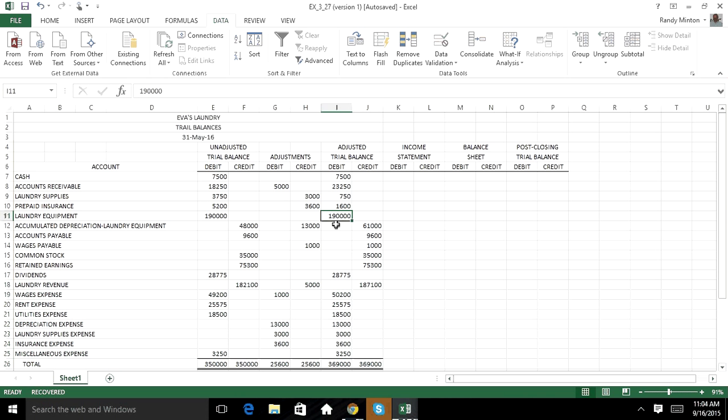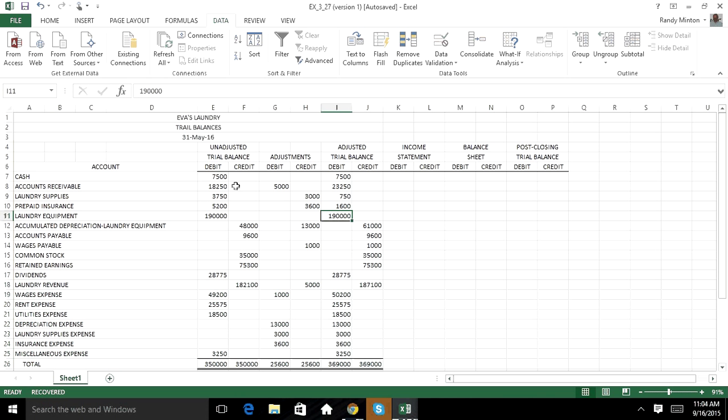I'll explain why I made that change, but essentially we had to either make that change or make two adjustments to a single account, which I did not want to do. So we're going to look from the unadjusted trial balance to the adjusted trial balance, see if there were any changes, and then evaluate those changes and make sure that we agree with the changes as made.